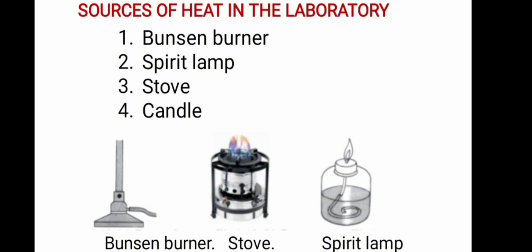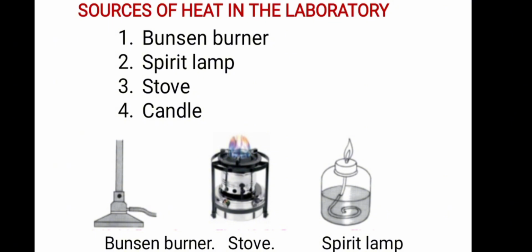Like we explained earlier, a laboratory is a building or a room or an institution where an experiment is carried out. In the laboratory there are other experiments that require heating, that require burning, that require a number of things.